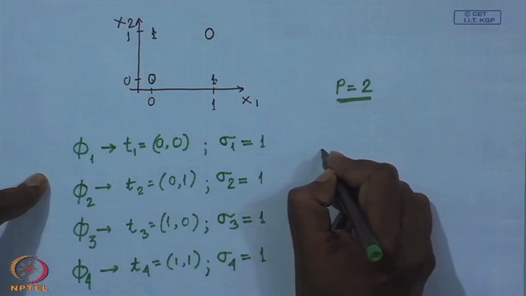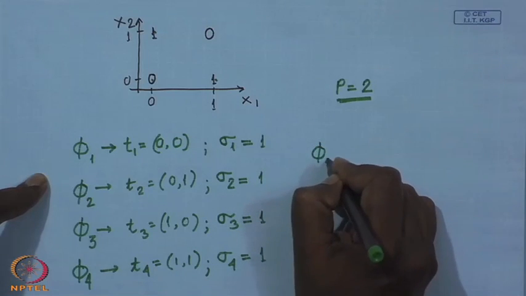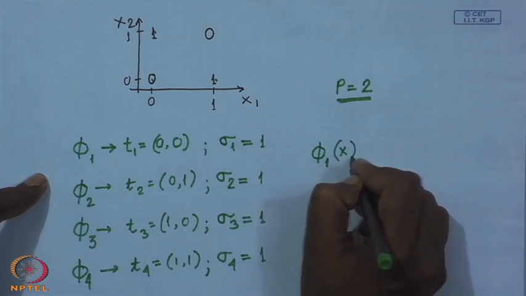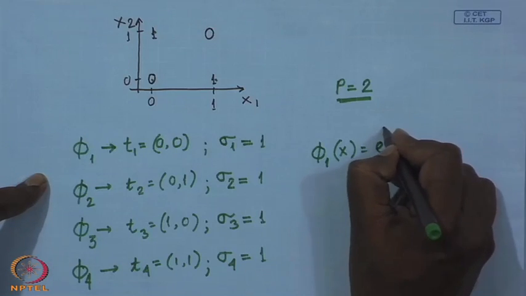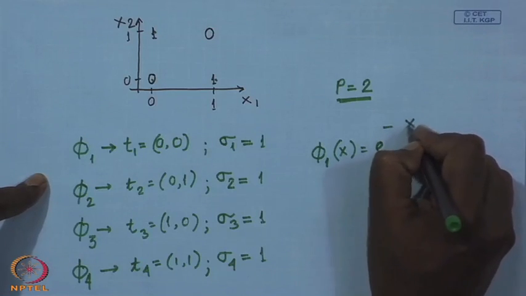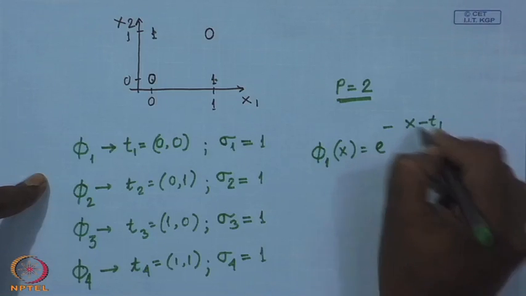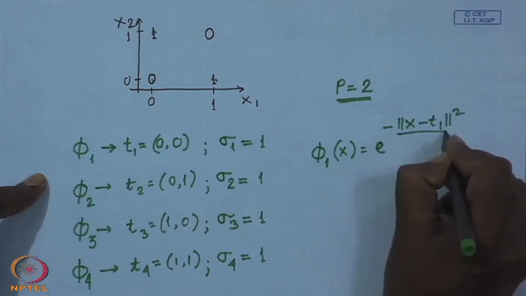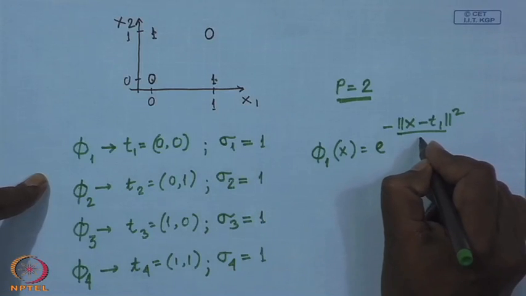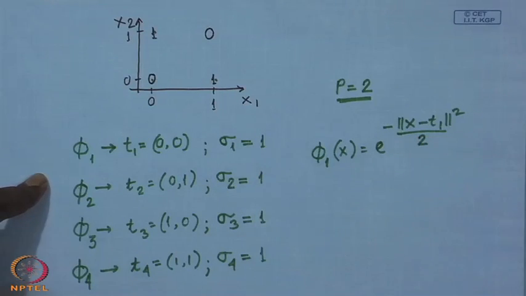So, I get phi 1 x which is of the form e to the power minus x minus t 1 square upon 2 sigma 1 square, and sigma 1 being equal to 1, this will be equal to 2. Okay.